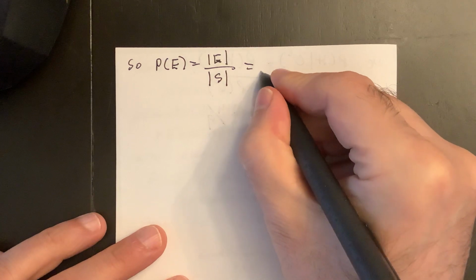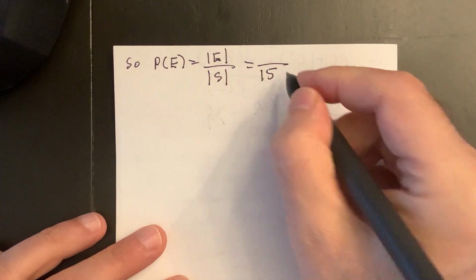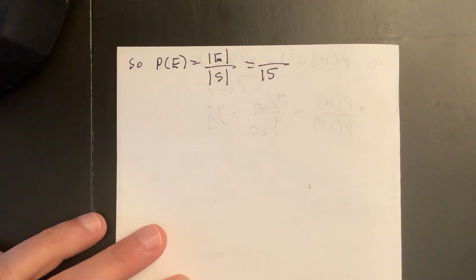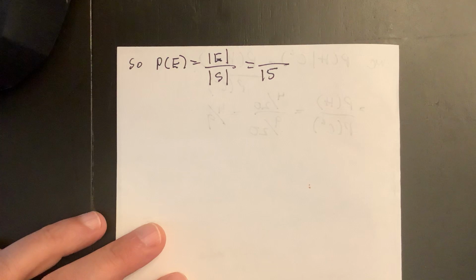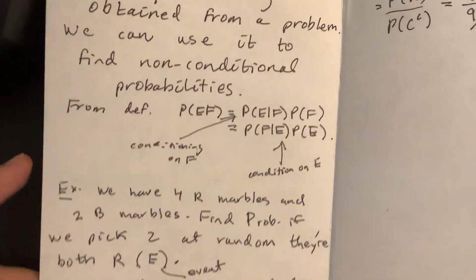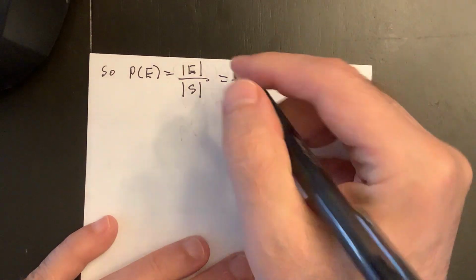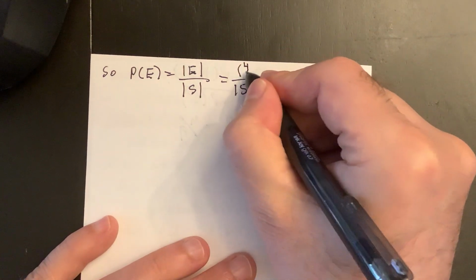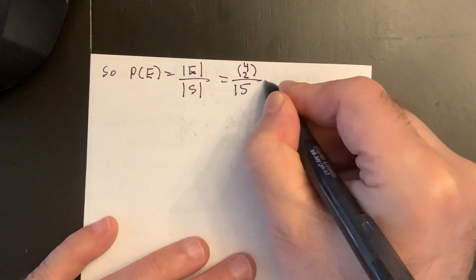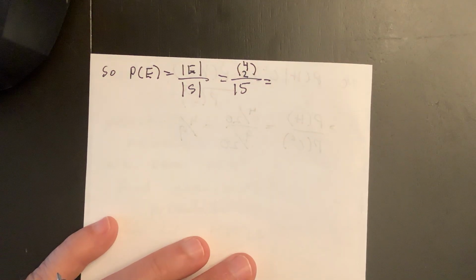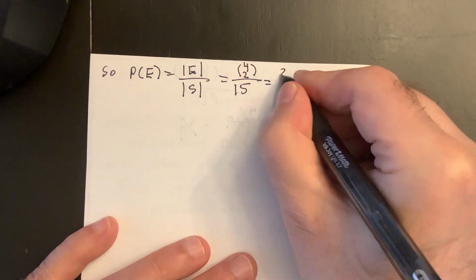So this is over 15 down here. And how many ways are there to pick 2 and have them both be red? From the 4 red ones, we need to pick 2, so this is 4 choose 2. That gives me 6, and so we get 6 over 15, or 2/5.